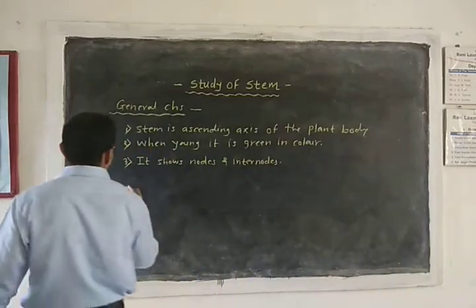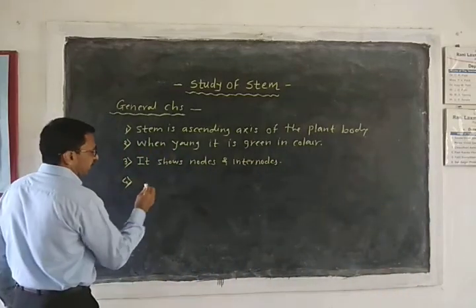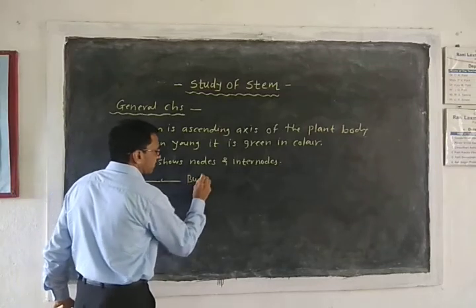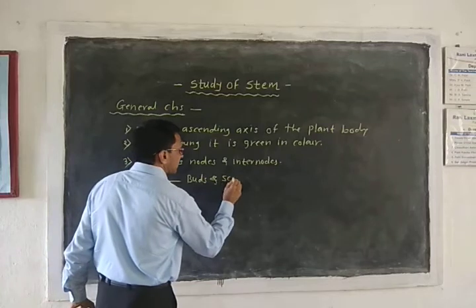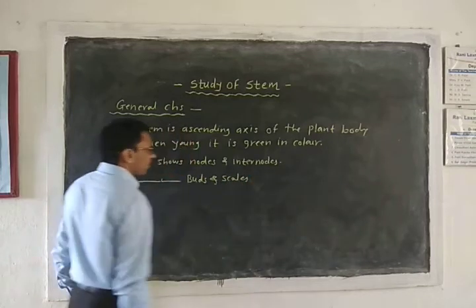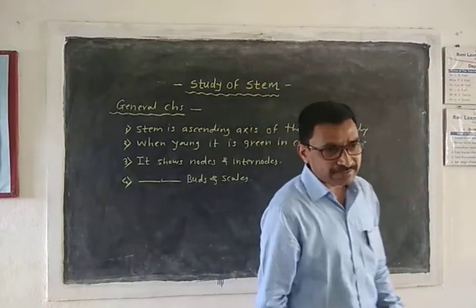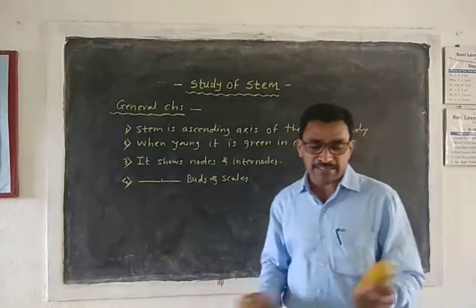Fourth character is that it shows buds and scales. Means on the stem, buds and scales are also present. This is the fourth general character of stem.